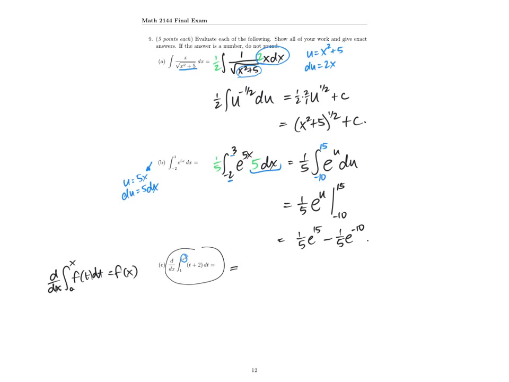So I can go ahead and write this as x squared plus 2, with x squared going in for t. Then from the chain rule, I need to multiply by the derivative of the inside function. My inside function is x squared, so I multiply that by 2x. And that is my derivative.